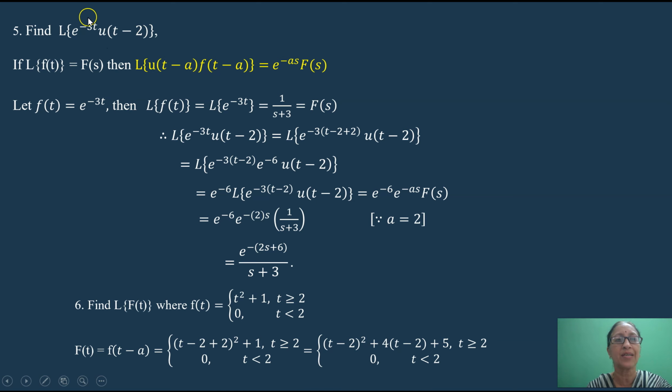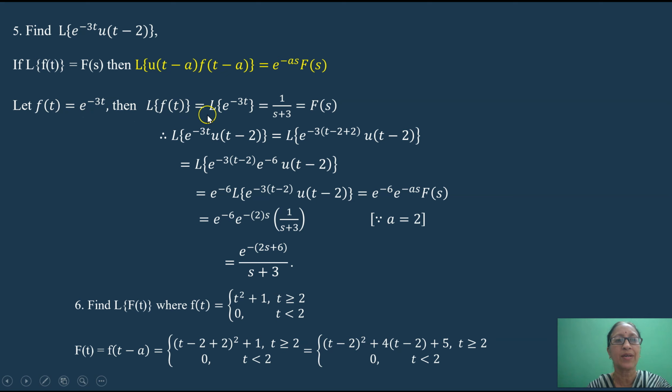When you observe the given term, this u is in the form of u of t minus a, but e power minus 3t is not in the form of f of t minus a. Here it is in the form of f of t, f of t equals e power minus 3t. Then find its Laplace transform.